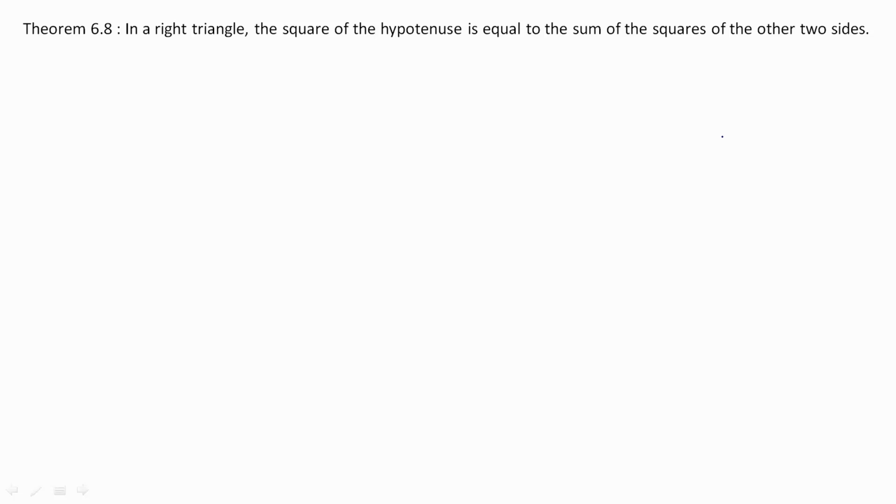In a right triangle, the square of the hypotenuse is equal to the sum of the squares of the other two sides. So let's see. This is your right angle triangle in which AC is the hypotenuse and this is the perpendicular.